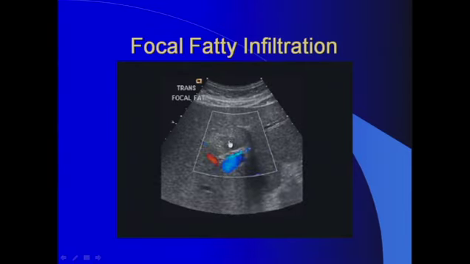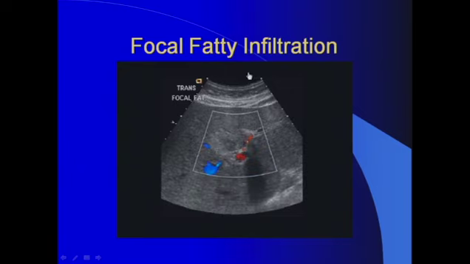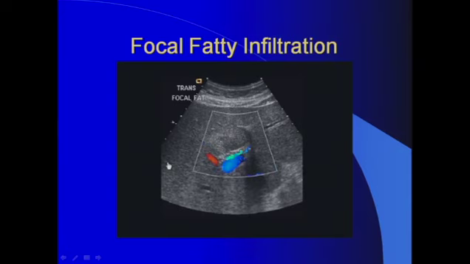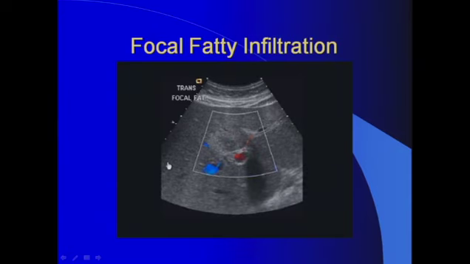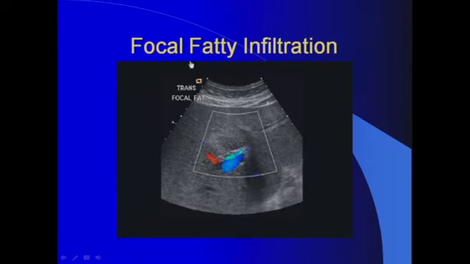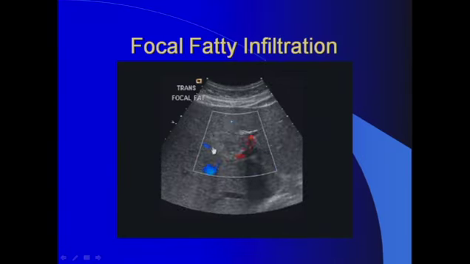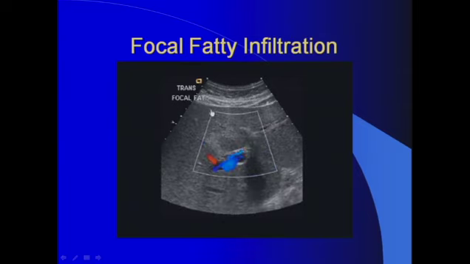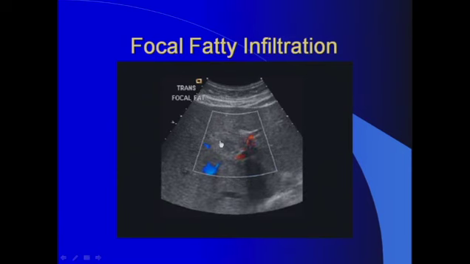This is most consistent with a focal fatty infiltration. The good news about our experience with ultrasound of the liver is that, as I said earlier, focal fatty infiltration and focal fatty sparing follow the same pattern. In other words, wherever you see focal fatty infiltration or sparing, it's going to be the same thing, and vice versa.